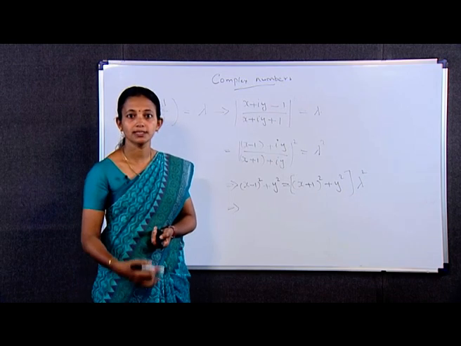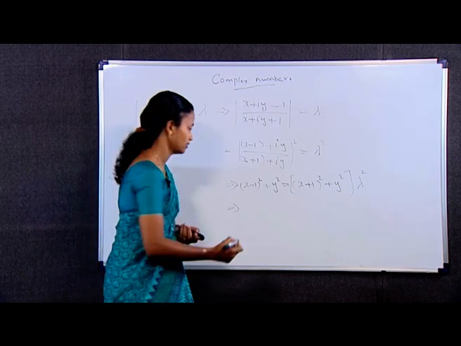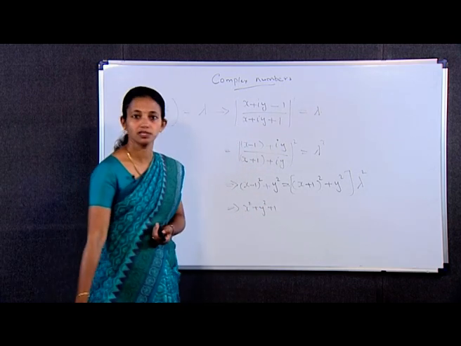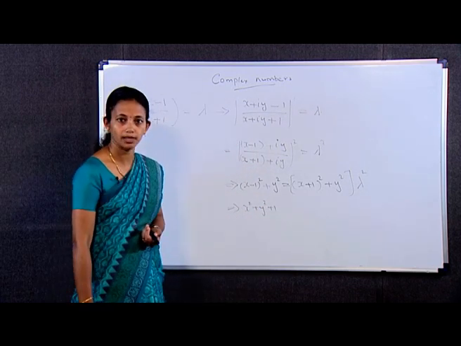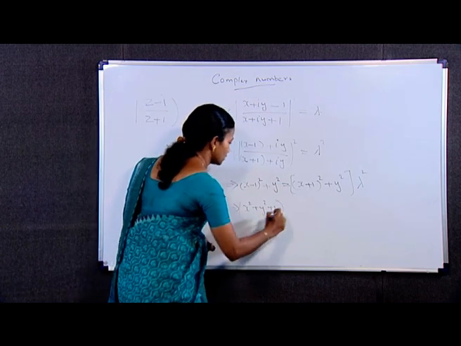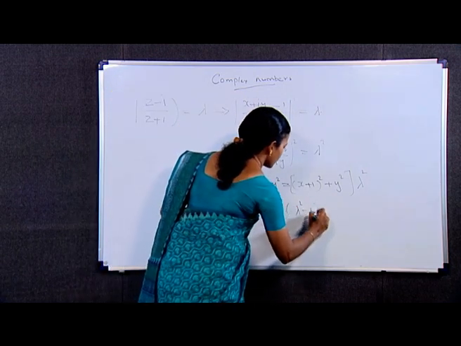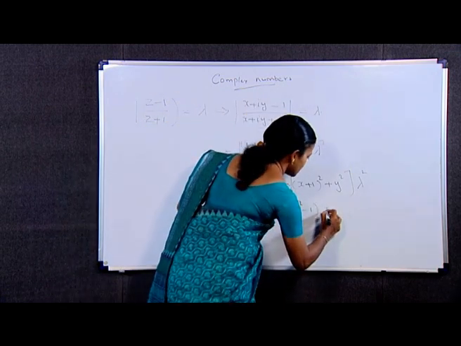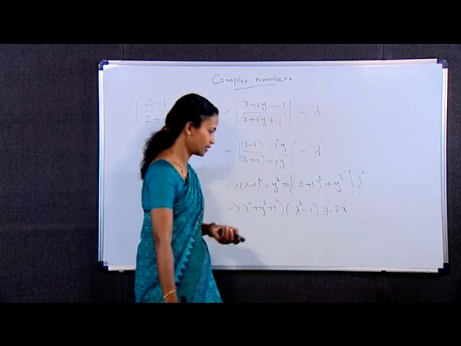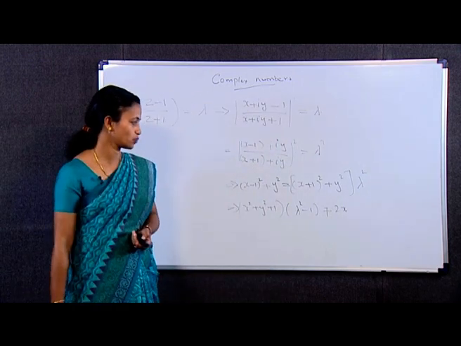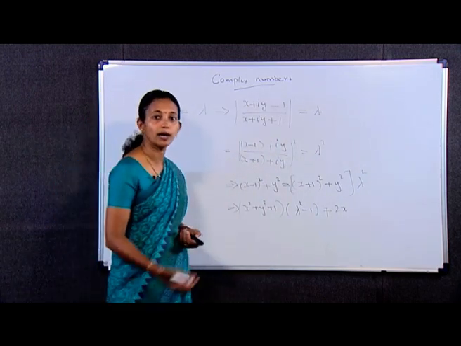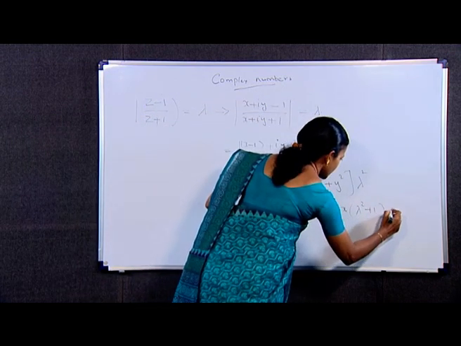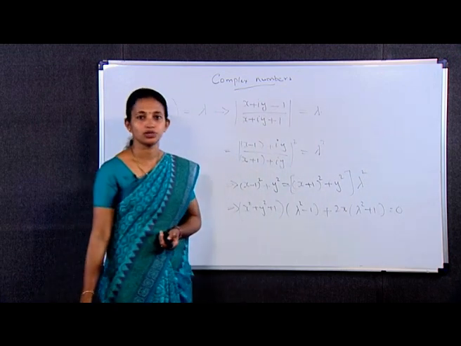On simplification, we get x square plus y square plus 1 into lambda square minus 1 plus 2x into lambda square plus 1 is equal to 0.